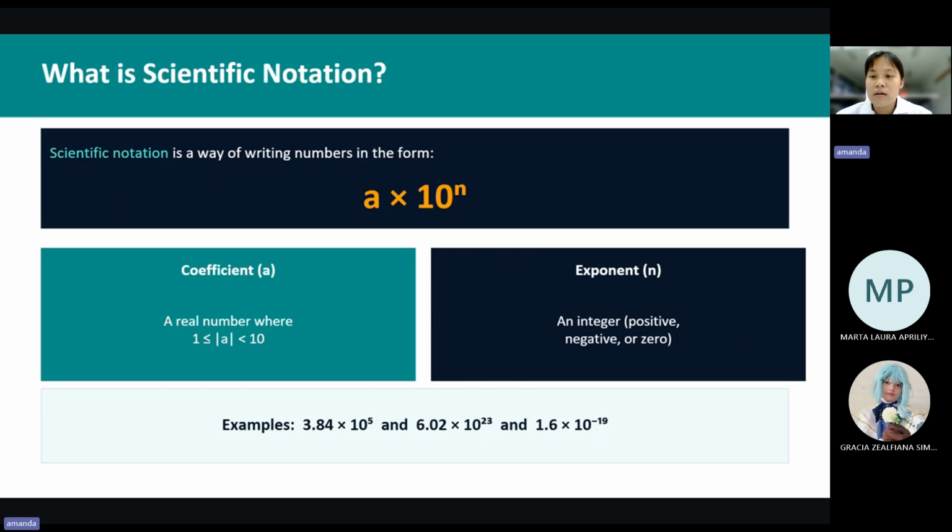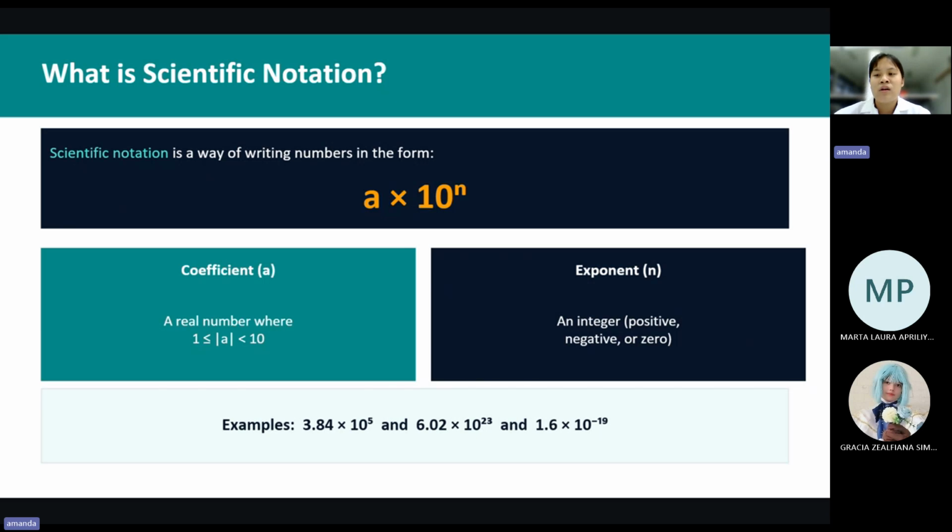Here, the letter a is called the coefficient. It must be a real number that is greater than or equal to 1, but less than 10. The letter n is called the exponent. It must be an integer. That means it can be positive, negative, or zero.